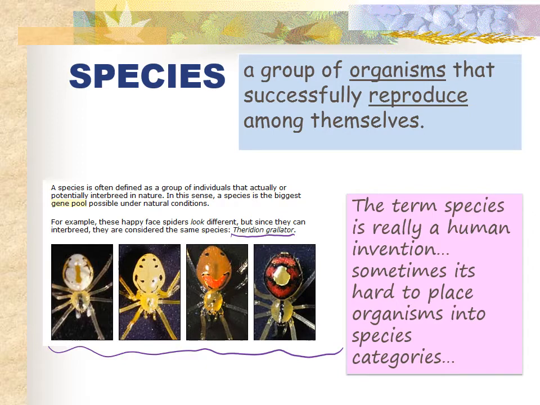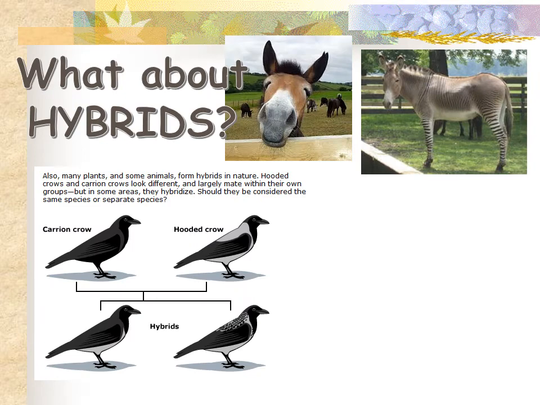So species is usually just a human invention because we like to organize things. Sometimes it's hard to place organisms into species categories. For example, what about hybrids? You guys learned about mules, which we get from crossing a donkey and a horse. Or what about zonkies, or zedonks, which you get by crossing a zebra and a donkey?